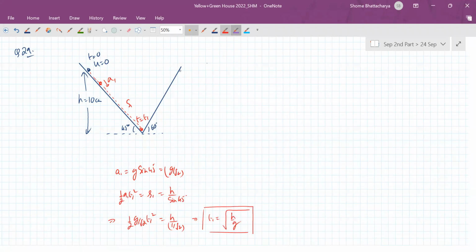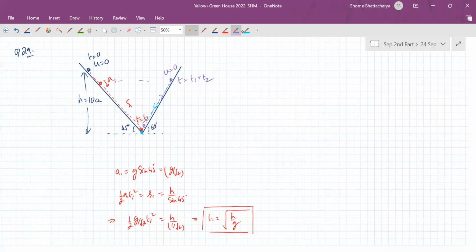Now what is happening from this point onwards? It climbs like this. You'll realize from work energy, it will come to rest at the same height. And then it will come back, and again reach this position. So here was T1, this position is T1 plus T2.